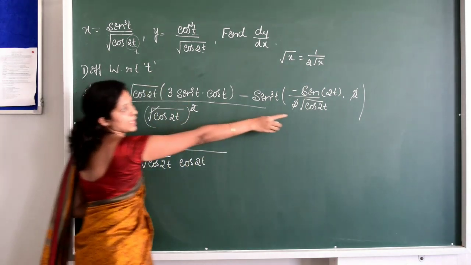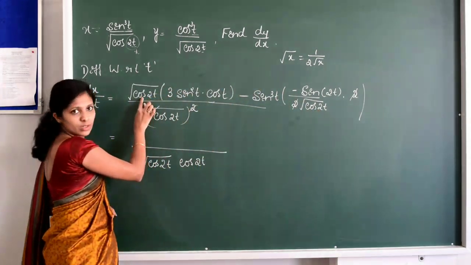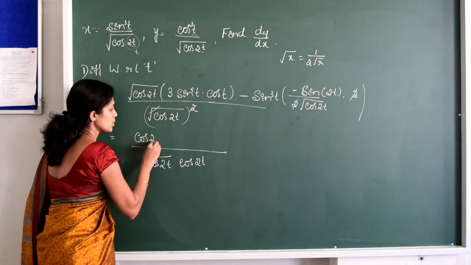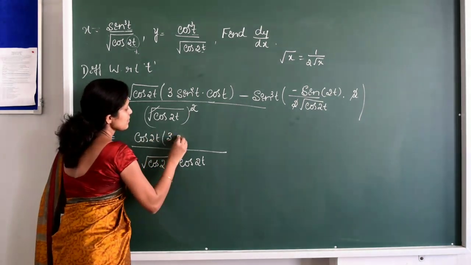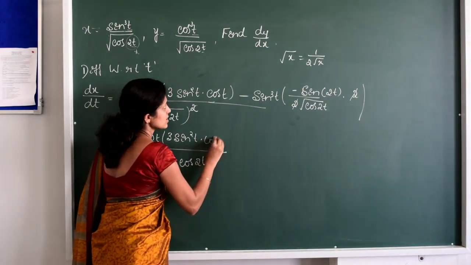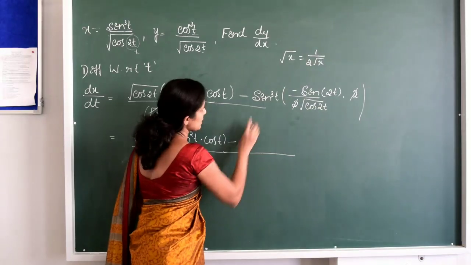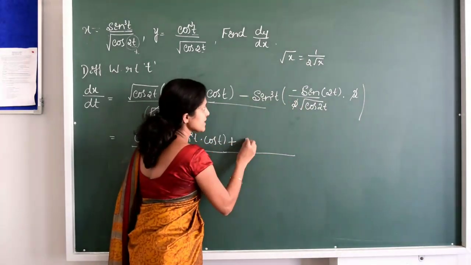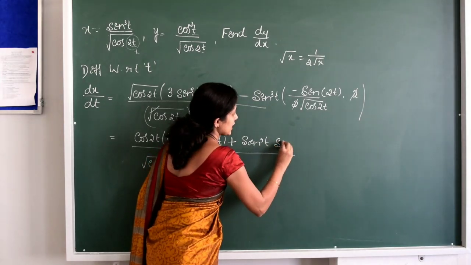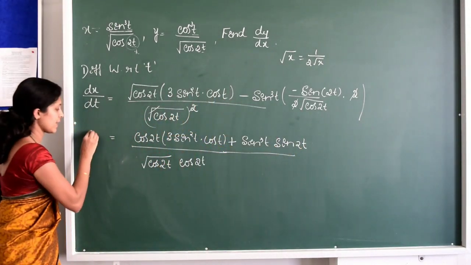So you have to multiply this root of cos 2t here, so root of cos 2t into that will be, this remaining with cos 2t into 3 sin square t into cos t minus what is remaining here, sin cube t, minus into minus will be plus sin cube t into sin 2t. Is it clear? So this is the value of dx by dt.